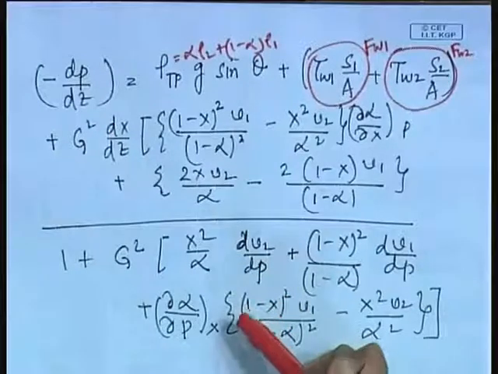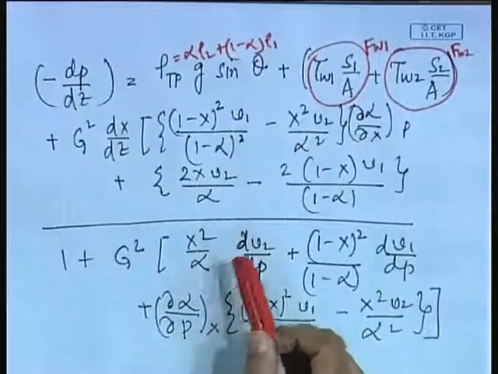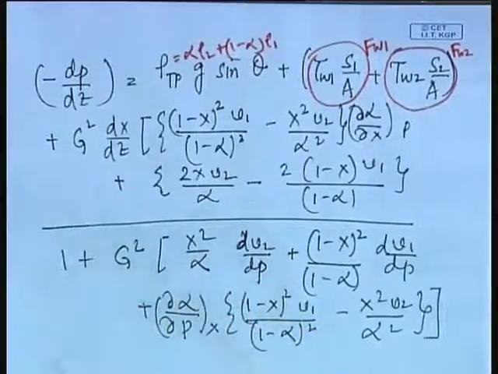Now, we can derive these equations by analyzing each component separately, but usually the physics is not very well understood. And so, when we do not understand the physics, we take a large number of data and try to do some empirical correlations.